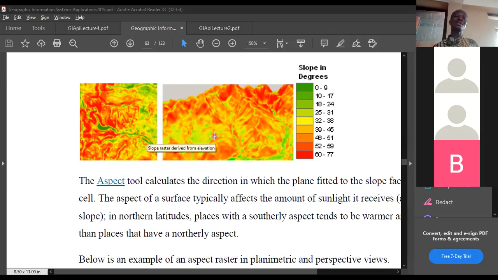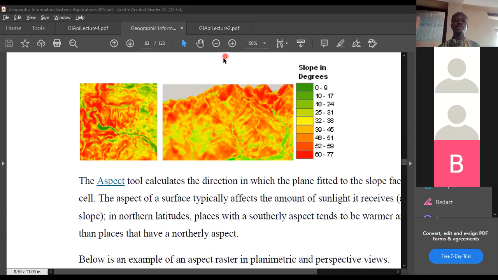The right hand side looks more like a solid, like a rocky area. Remember that rendering a surface is different from the surface values themselves. The green areas are almost flat.